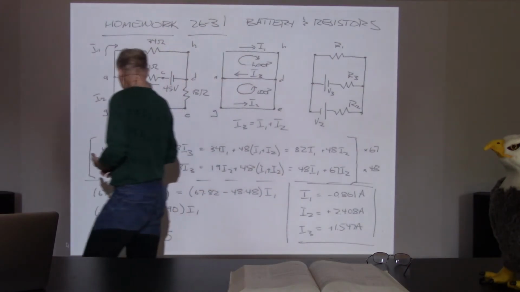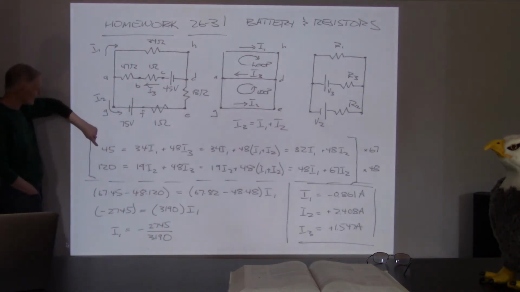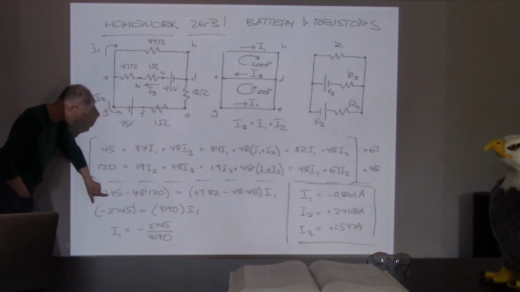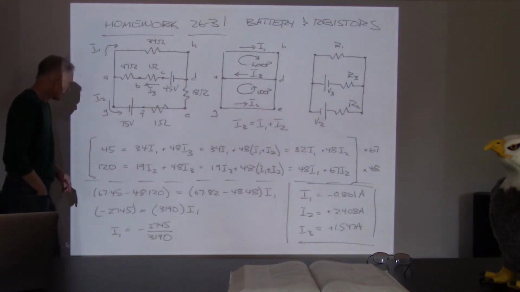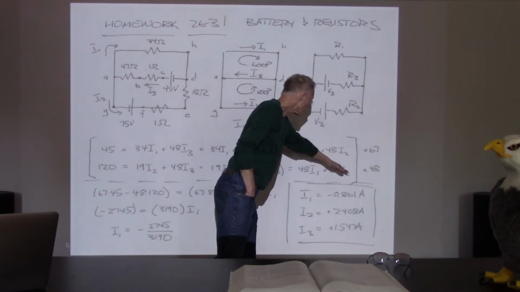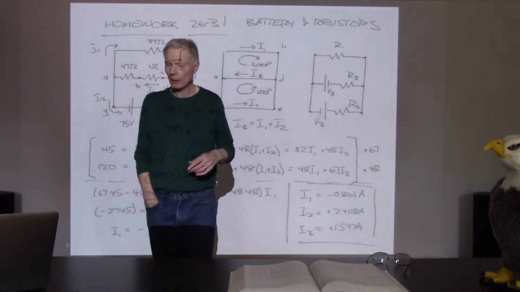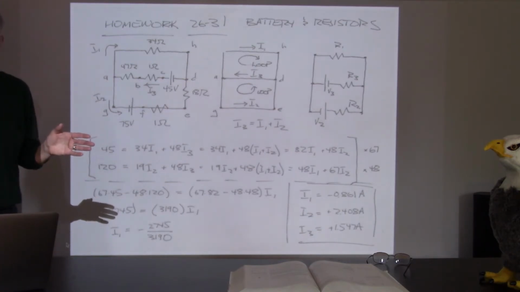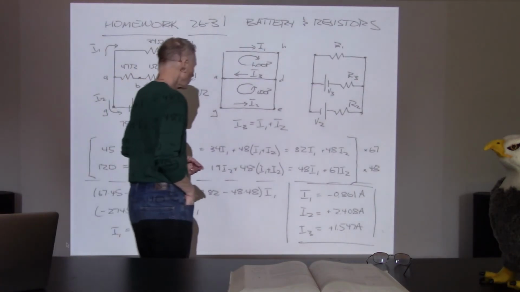Now, what that would do is it would give me 67 times 45 minus 48 times, those are times, they're not decimals, they're multiplications. And then the I2s will cancel out. That was the intention of setting up these coefficients, to get the I2s to completely drop out. And so that's what we'll be able to do.